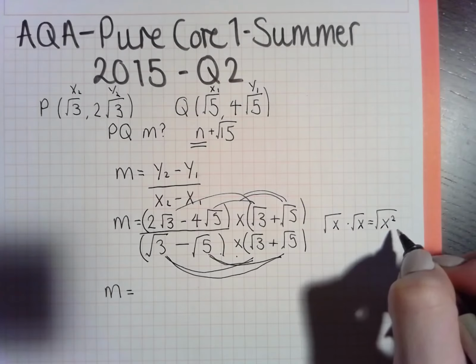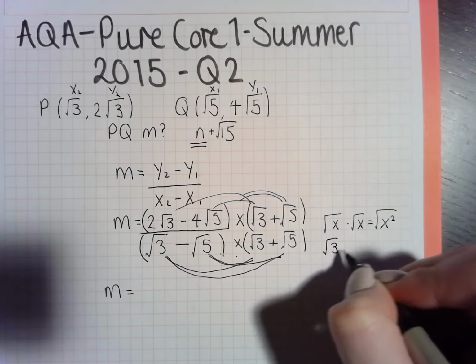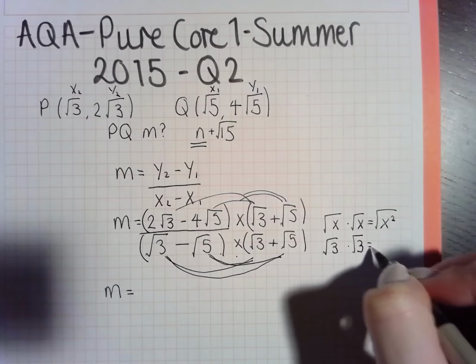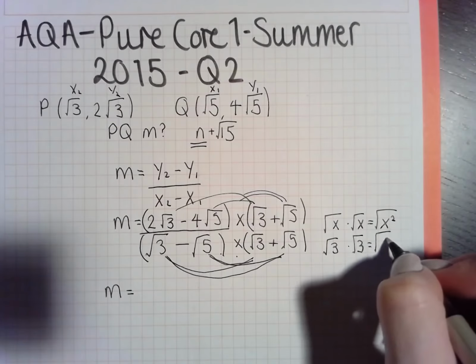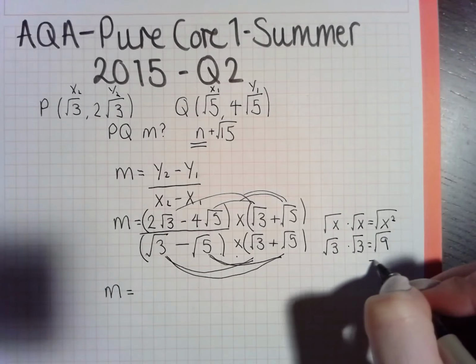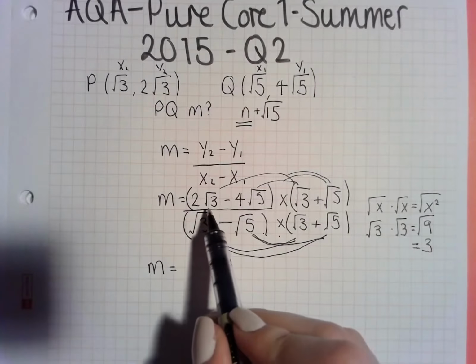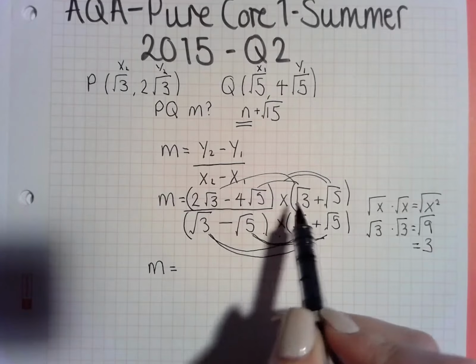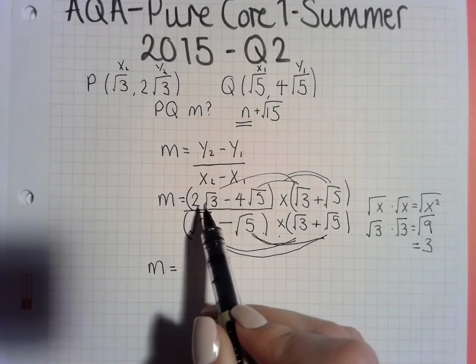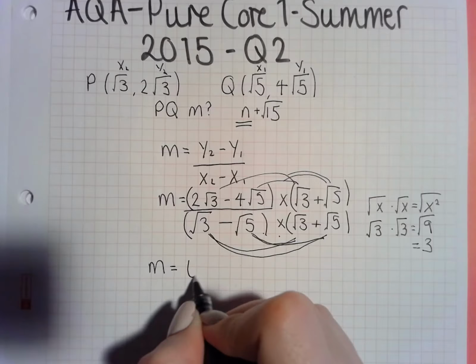So root 3 times root 3 is root 3 squared, which is root 9, and root 9 is 3. Okay? So 2 root 3 times root 3 is 3 times 2. Do you see that? So 6.